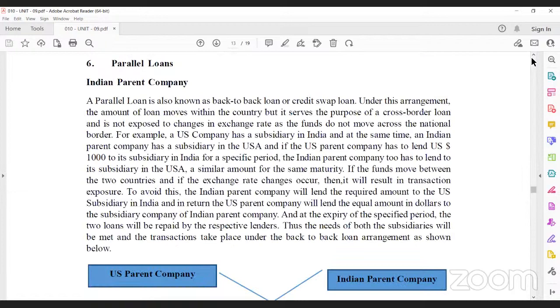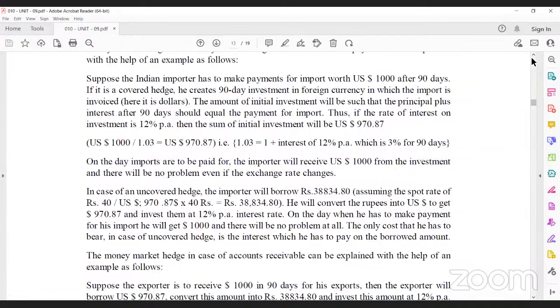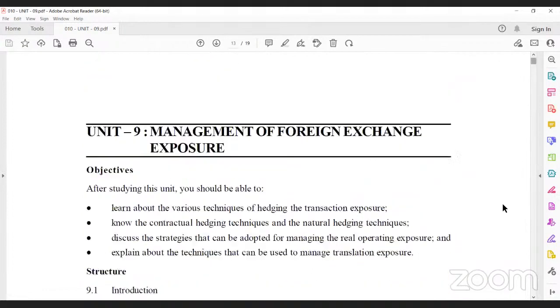Today's session on International Financial Management subject, Unit 9, Management of Foreign Exchange Exposure.